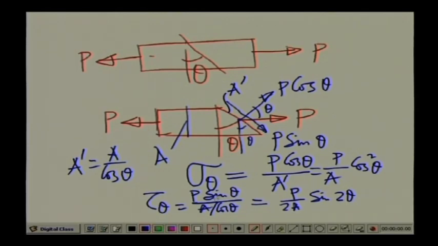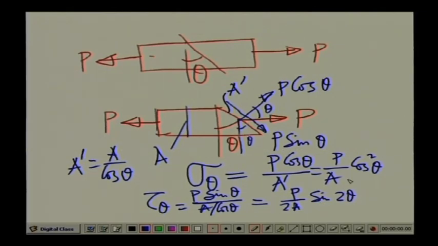So, the maximum value of sigma theta is when cos square theta is equal to 1, which leads to theta equal to 0. And for sin 2 theta, 2 theta is 90 degrees. So, theta being 45 degrees gives the maximum value of the shearing stress.